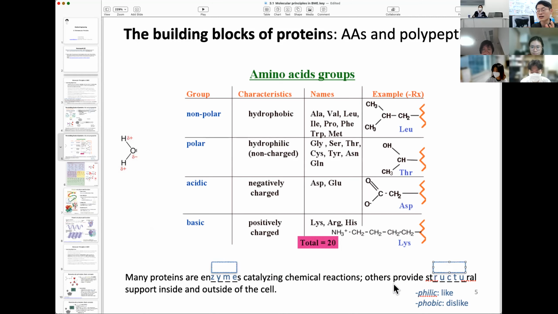Yes, other proteins provide structural support, such as the ECM or extracellular matrix. So many proteins are enzymes, which are micro machines catalyzing chemical reactions. The other kind of proteins are simply structural proteins, such as collagen. Okay, so I think you're good on this.